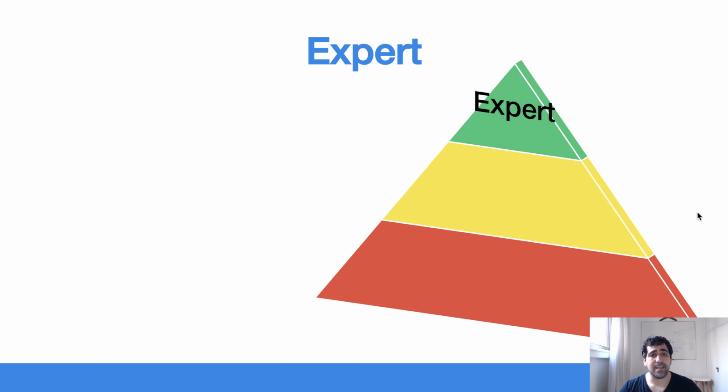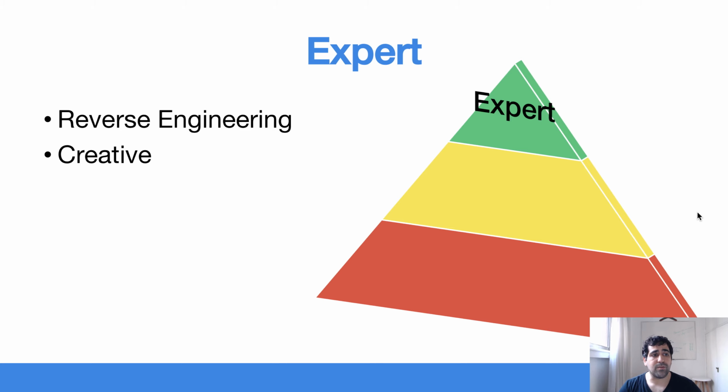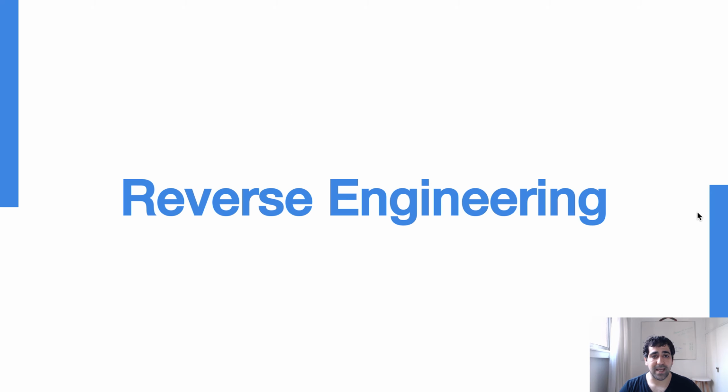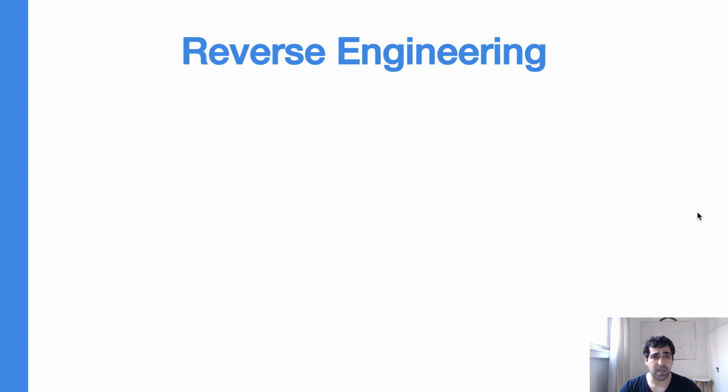And in this expert section, I'm going to be covering reverse engineering other funnels, creatives, and then two-step advertising, and finally scaling. These are the 4 points that I'm going to be covering in this expert session. And we are going to be starting with the reverse engineering.